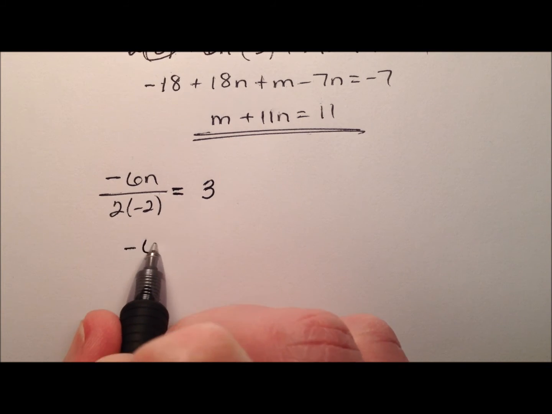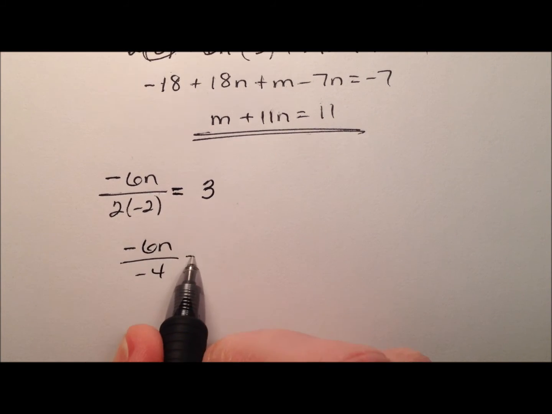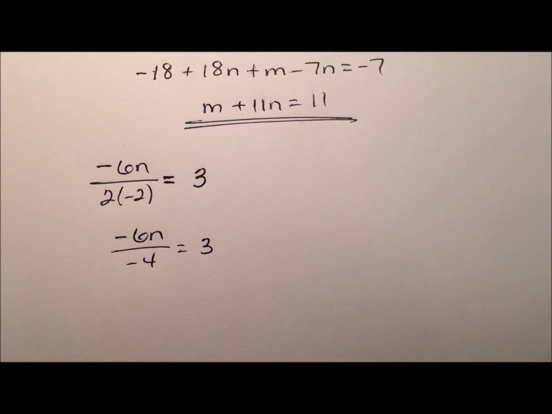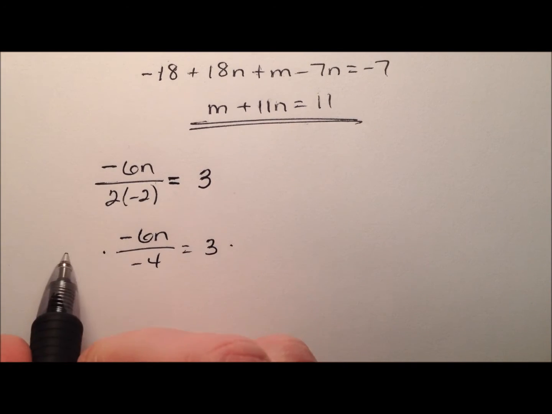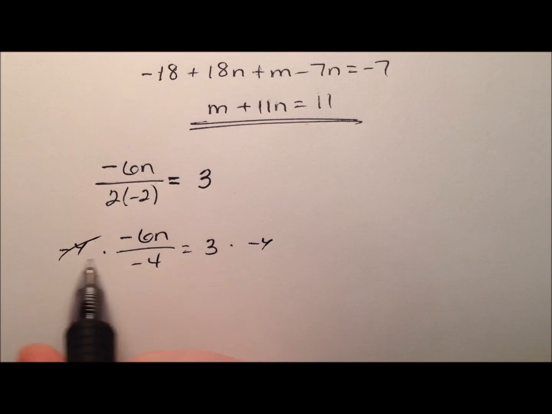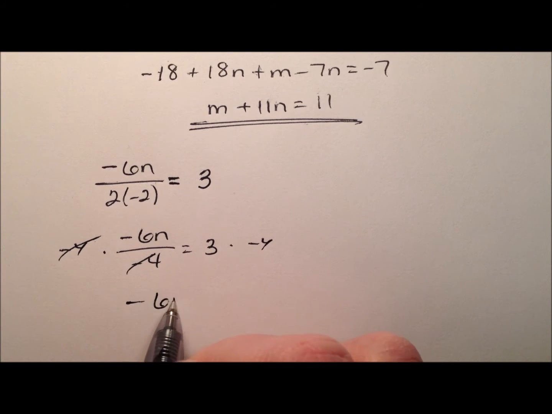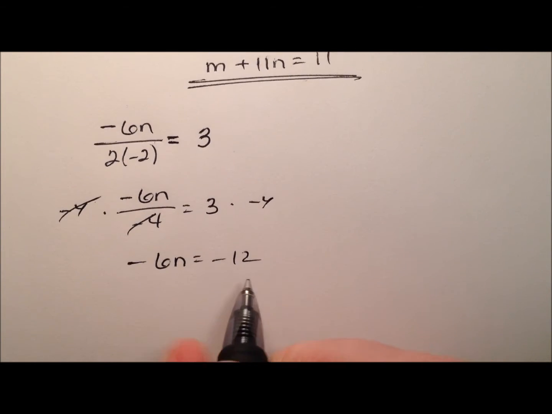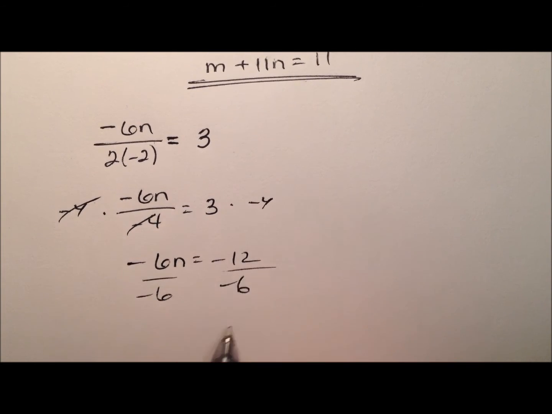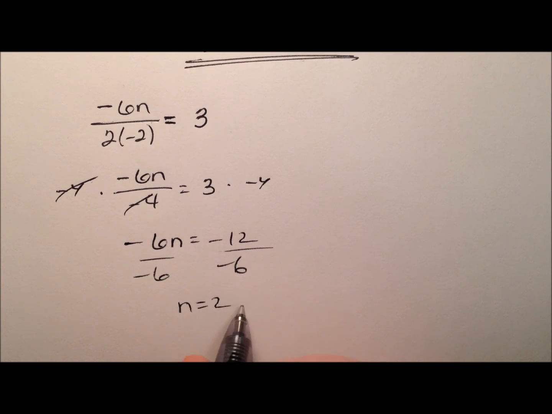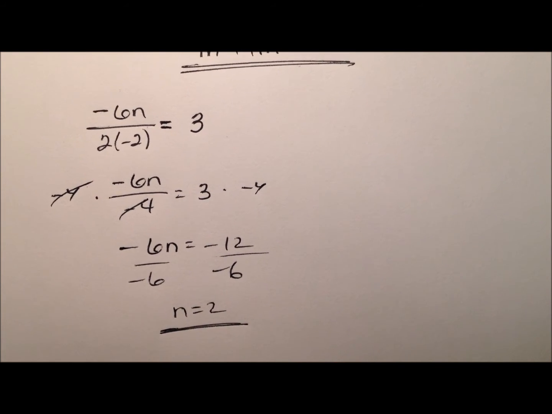Okay, so -6n over -4 equals 3. So I can go ahead and multiply both sides by this -4, kind of cancel that stuff out, and I get -12. And when I divide by -6, yeah, n equals 2.